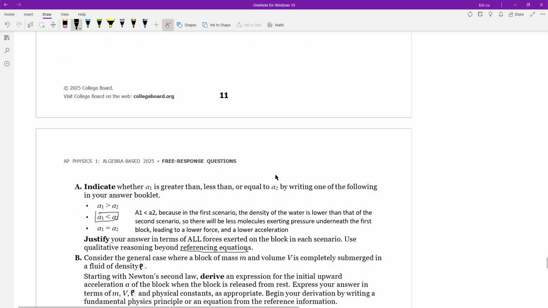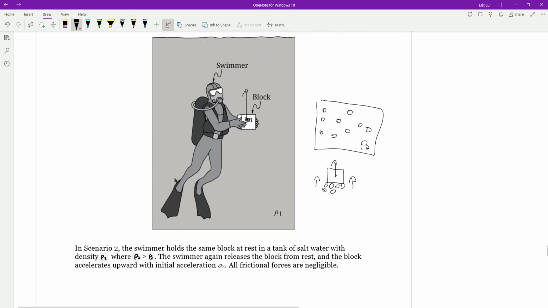Well, to do that, we'll have to draw a free body diagram. Here would be my mass, and there would always be gravity. So this would be Fg or mg. And the only other force would be the buoyant force. Since the block is accelerating upwards, the buoyant force should have a larger magnitude than the gravity force. So I would call that Fb.